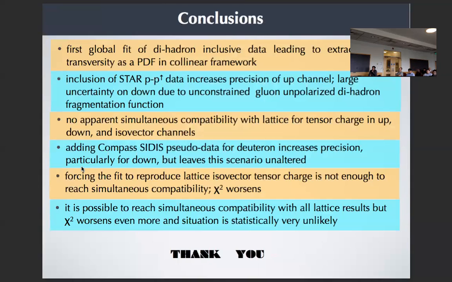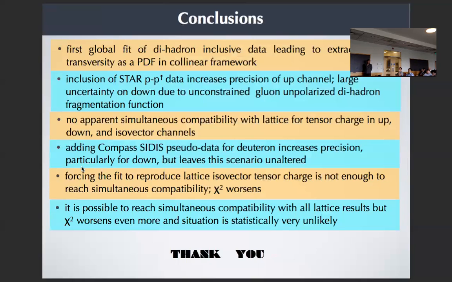We do not find apparent simultaneous compatibility between our results and the results from the lattice for all components of the tensor charge. If we add the pseudo-data from COMPASS for a future measurement on the deuteron, we increase the precision, but we do not alter this scenario on the tensor charge, particularly for the down quark.